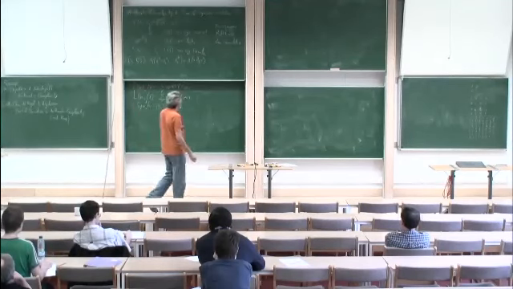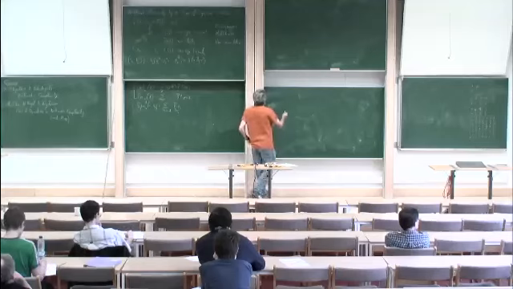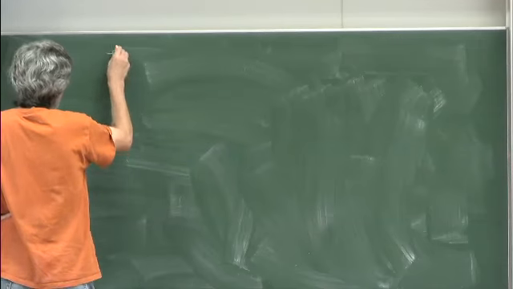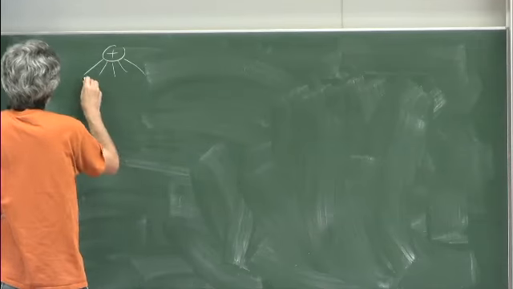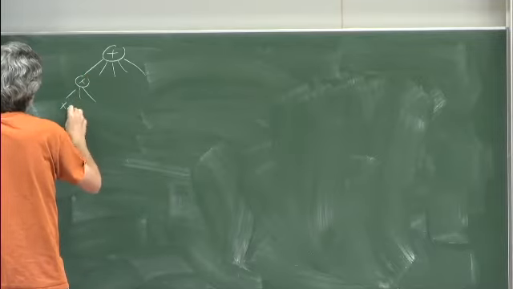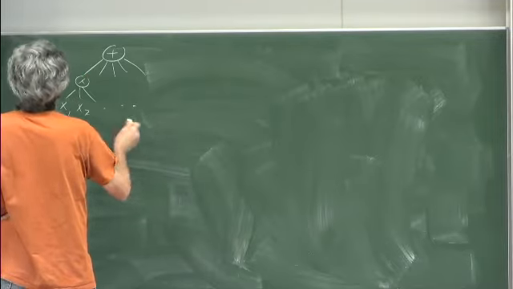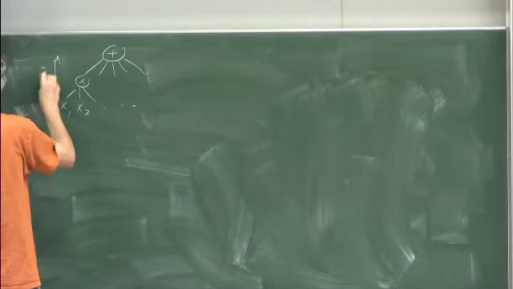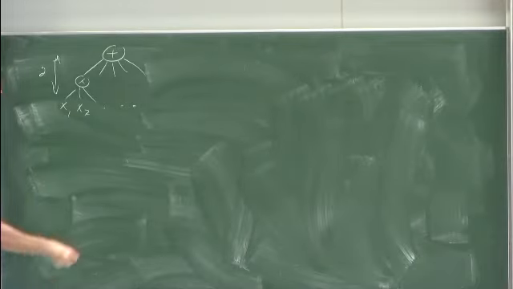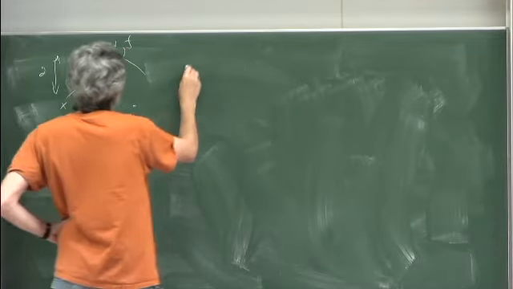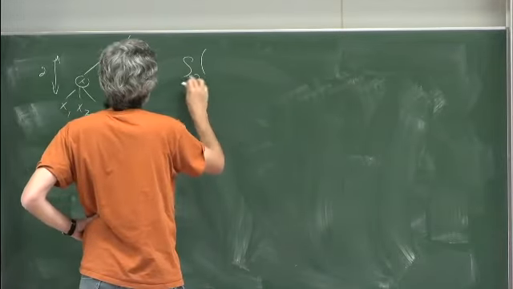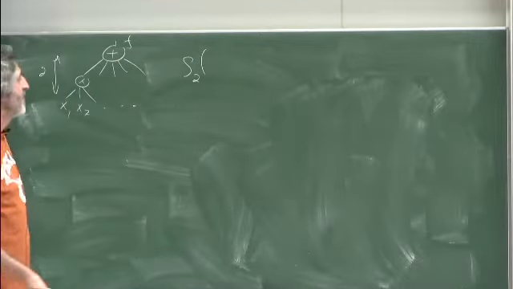So you can compute a polynomial like this. This is what's called depth 2.